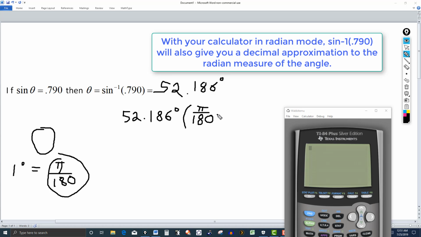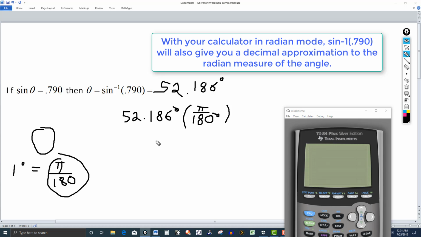This is degrees here. So remember, this is 52.186 times 1 degree, and 1 degree is pi over 180, so the degrees cancel out.